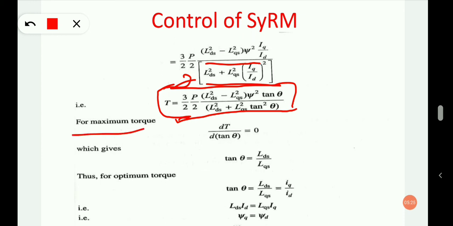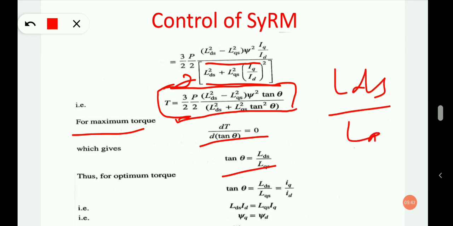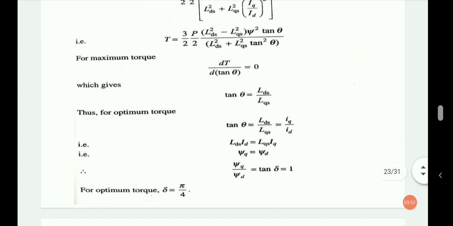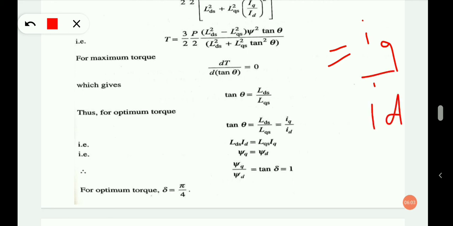So for maximum torque, dT by d tan theta equals 0, which gives tan theta equals LDS upon LQS. Hence for optimum torque, tan theta is LDS by LQS, which is equal to IQ by ID.